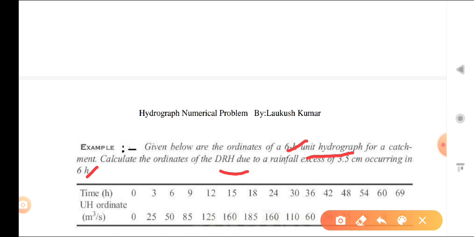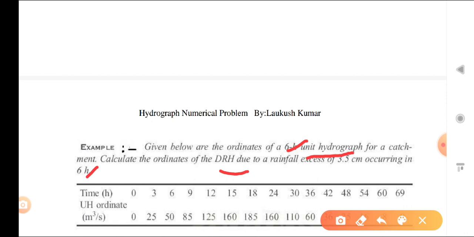You know unit hydrograph and DRH, direct runoff hydrograph, both are due to rainfall excess. But what is the difference? Unit hydrograph is the direct runoff hydrograph occurring due to unit rainfall excess.